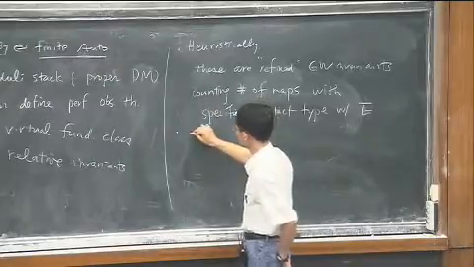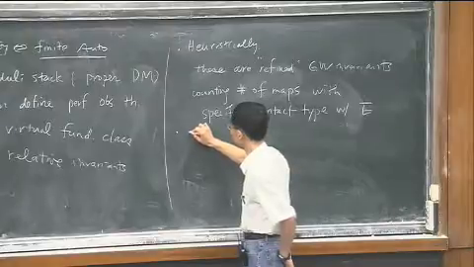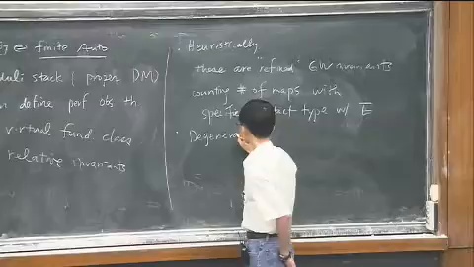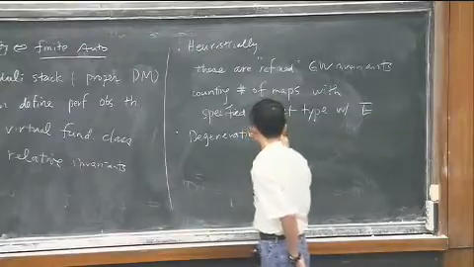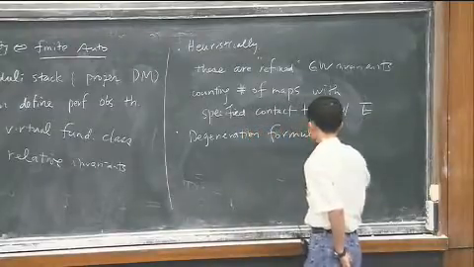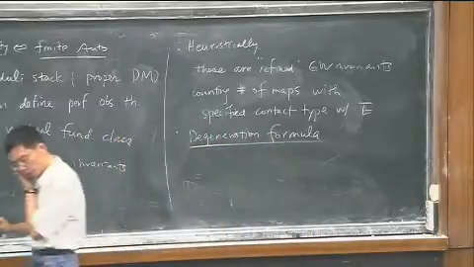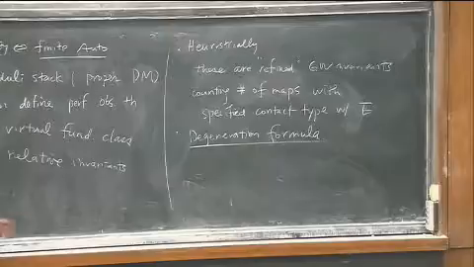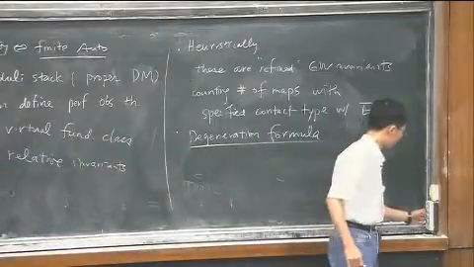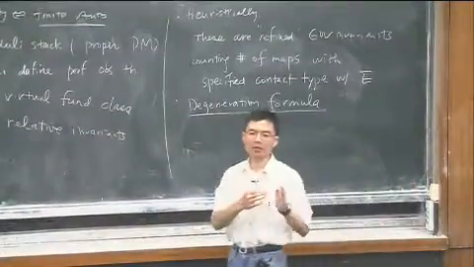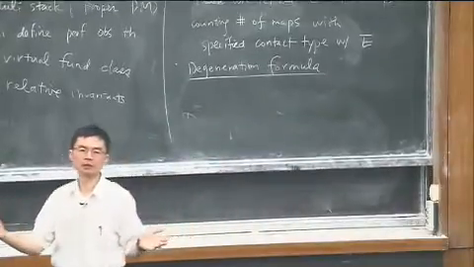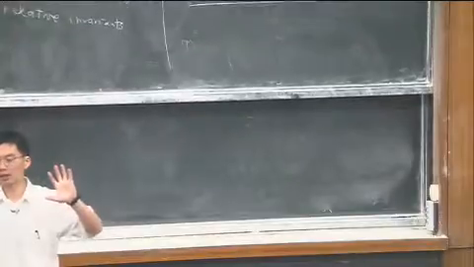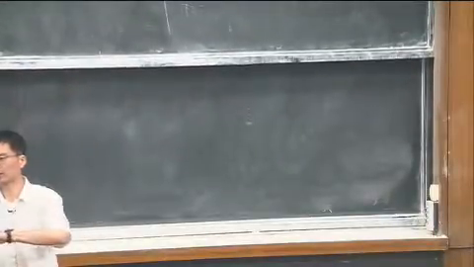Another motivation is that I can use this to state the degeneration formula. The degeneration formula has been used a lot in algebraic geometry, right? If I have a family and then it degenerates, then I want to be able to study my variety by its degeneration.